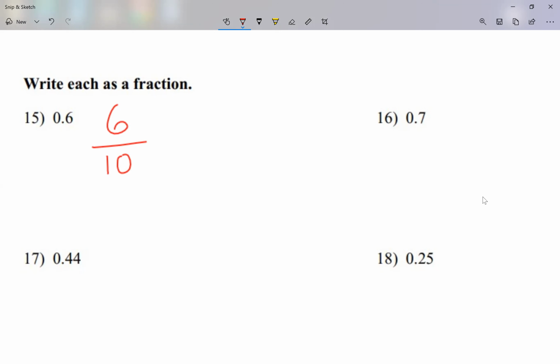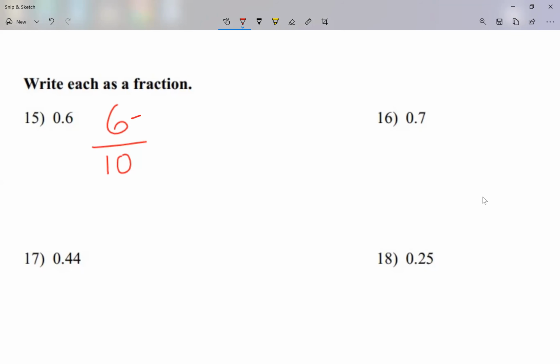Now, what does simplify mean? I'm going to divide both numbers, the one from the top and the one from the bottom, by the same thing to make them smaller. I'm not going to deal with decimals, so it has to be a whole number. 6 and 10 seem to be even, so I can divide them by 2.